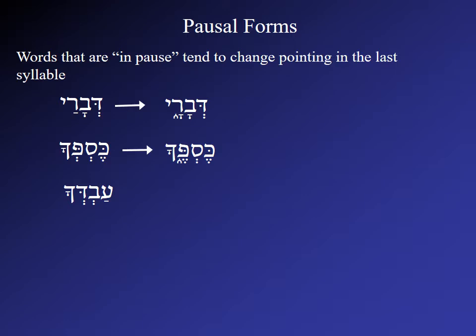So our form, avdecha, in the pausal here we have the shva. In pausal form becomes avdecha. So this is our form that we have in our sentence. Simply avdecha, your servant, but in pause, so avdecha. One last one we should look at is our form lekha, to you. Pausal form is lakh. Notice that the shva here becomes a qamets here.